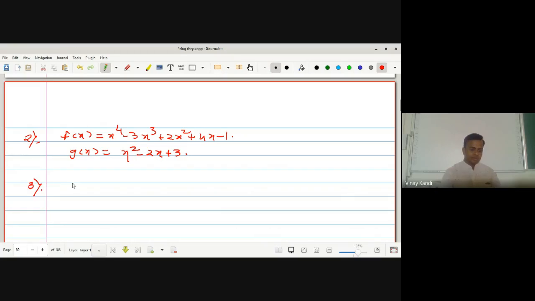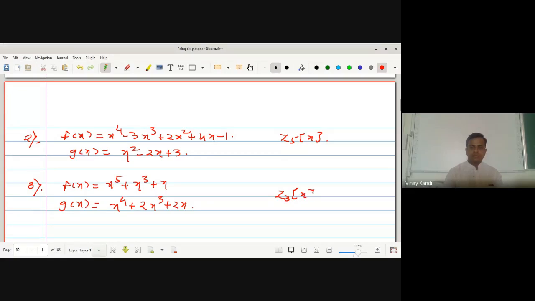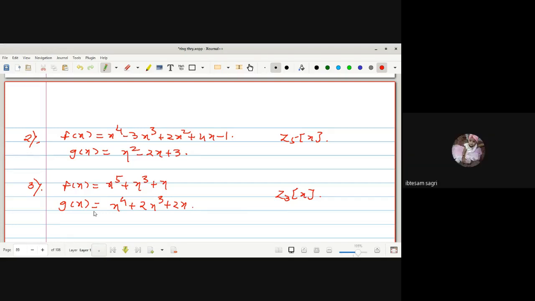Third one. f of x is equal to x raised to 5 plus x cube plus x, and g of x is equal to x raised to 4 plus 2x cube plus 2x. इथे काय तुमचा कशामध्ये सॉल्व करायचं आहे, z5x आहे तुमचं तर. ओके, रिंग ऑफ पॉलिनॉमियल. आणि इकडे काय आहे z3 of x. सॉल्व करता q of x आणि r of x सॉल्व करा.